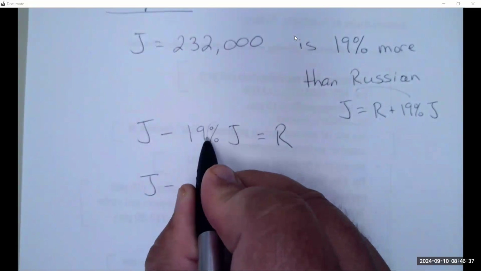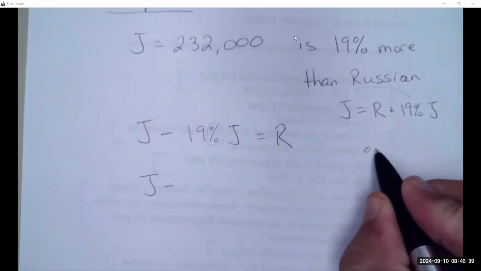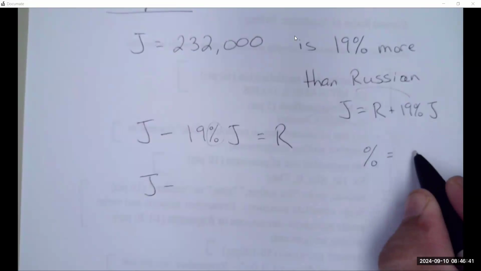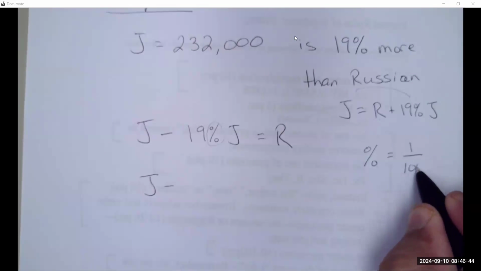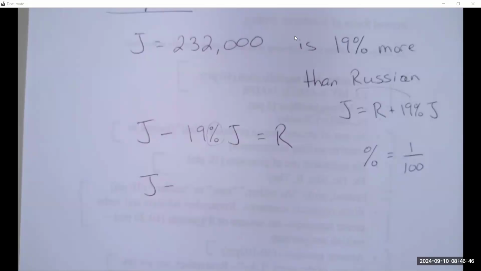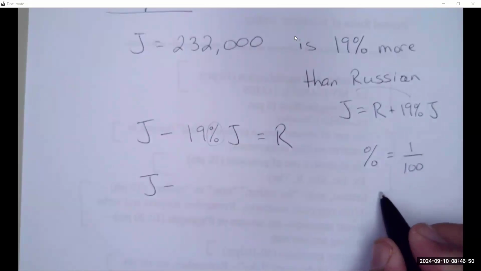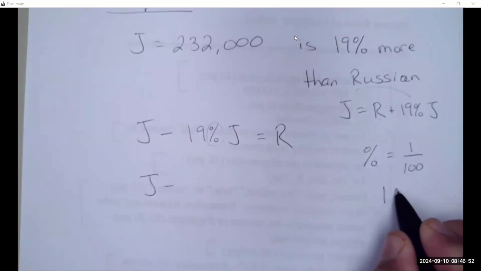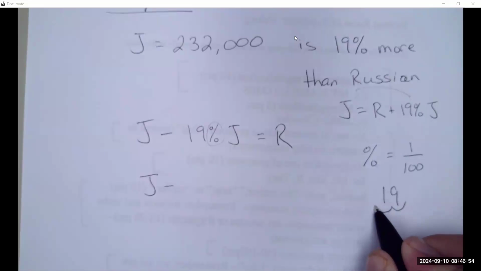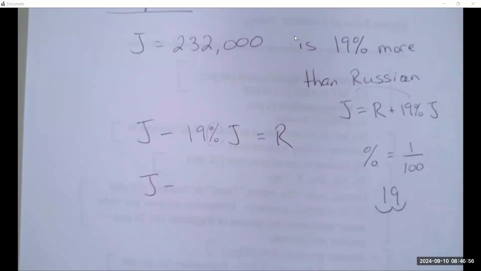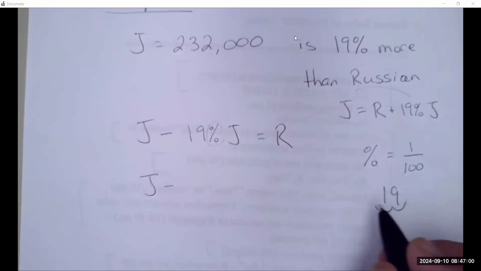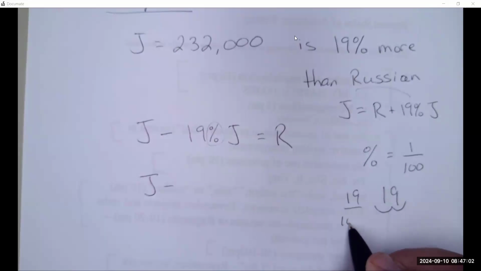We have to convert percent. Percent means per 100. Cent is centi. What that means is move the decimal place to the left, because you're dividing by 100. So you have 19 divided by 100.